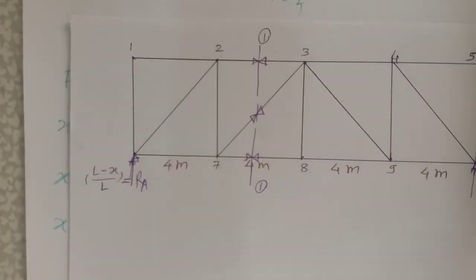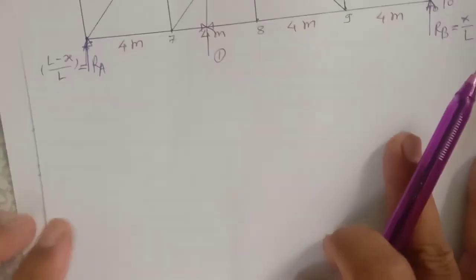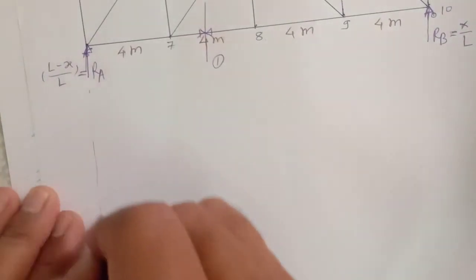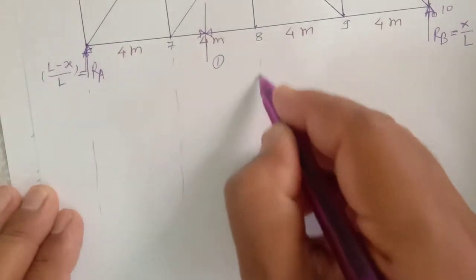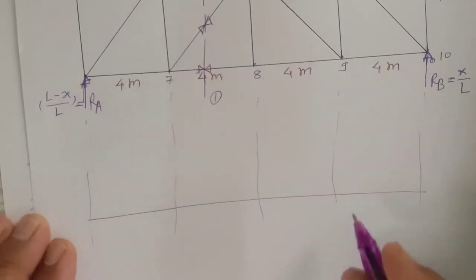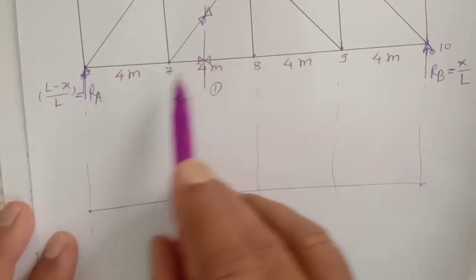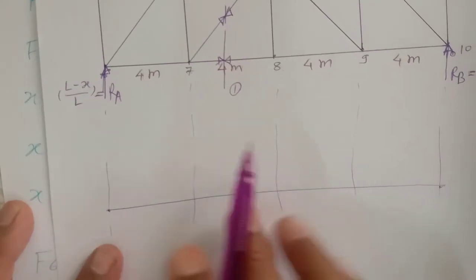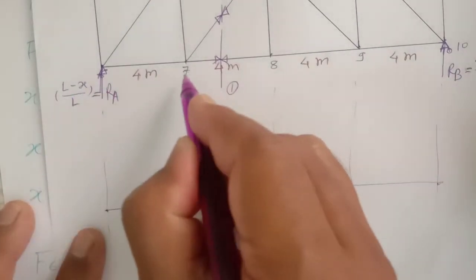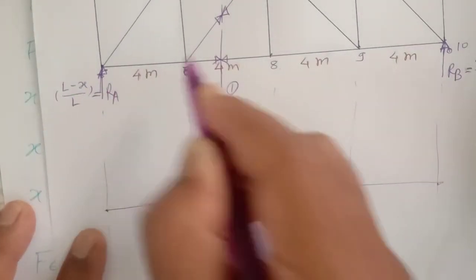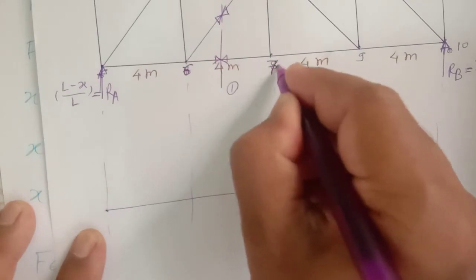Okay, so let us draw the ILD for the member. For this you can extend the lines, draw a horizontal line for the member, sorry, 6, 7. This point is 6, this point is 7.